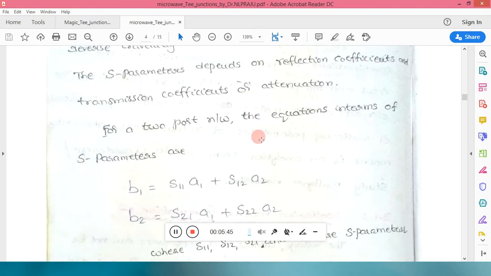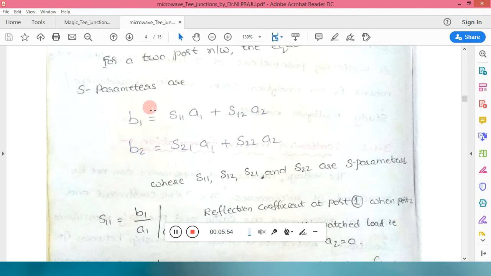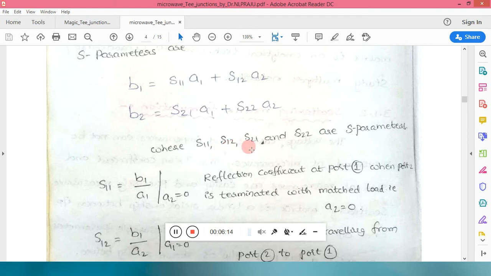For a two-port network, the equations in terms of S parameters are: B1 equals S11 A1 plus S12 A2, and B2 equals S21 A1 plus S22 A2. These relations give the scattering coefficients and the relation between input and output powers, where S11, S12, S21, S22 are the S parameters, obtained when A2 equals 0, that is, when we are not giving any input at port 2.